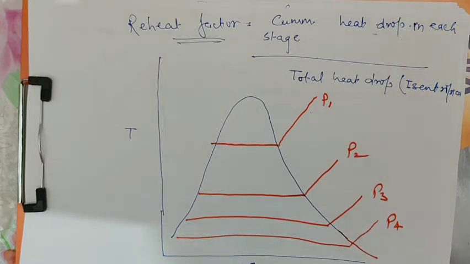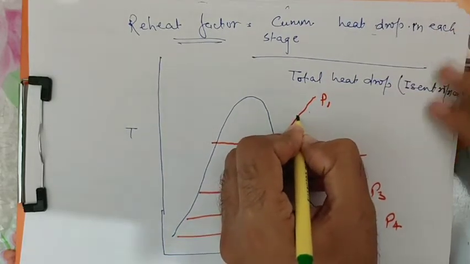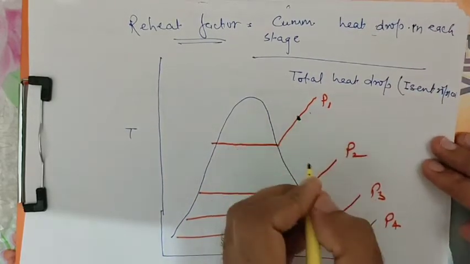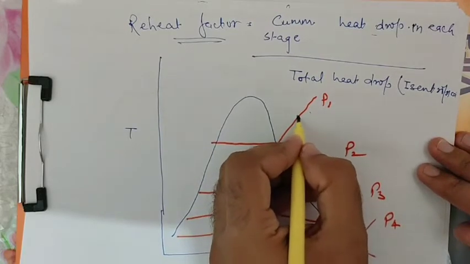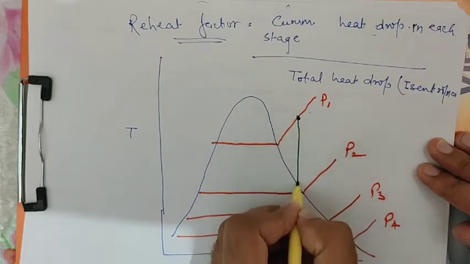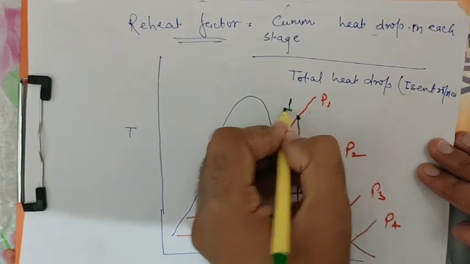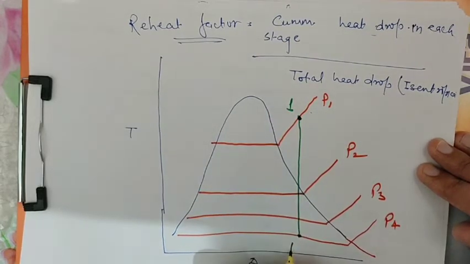Starting from P1, let the steam enter the turbine from this point. So ideally, if we take only one stage, the isentropic drop is here, that is 1 to 4.